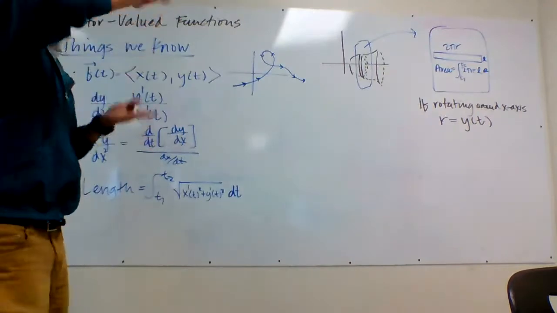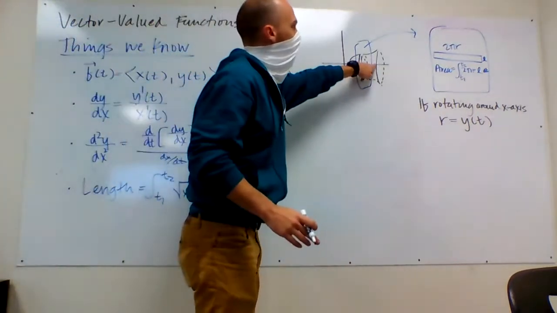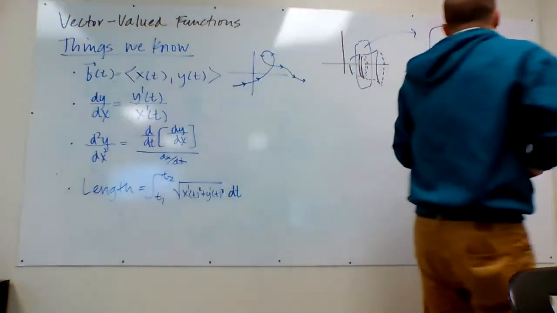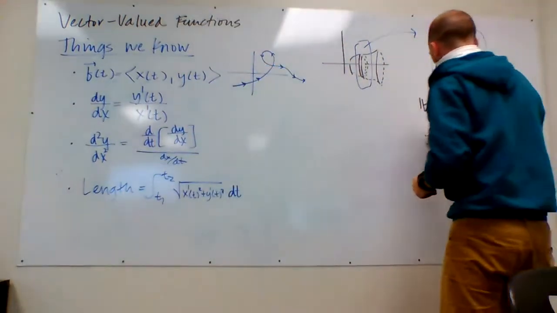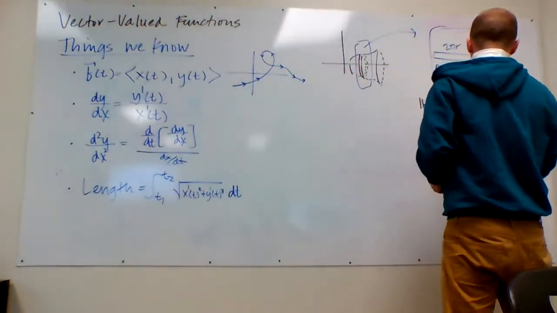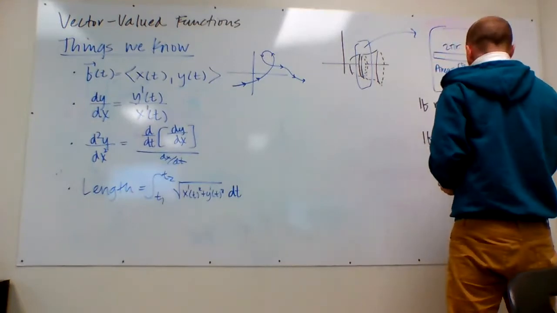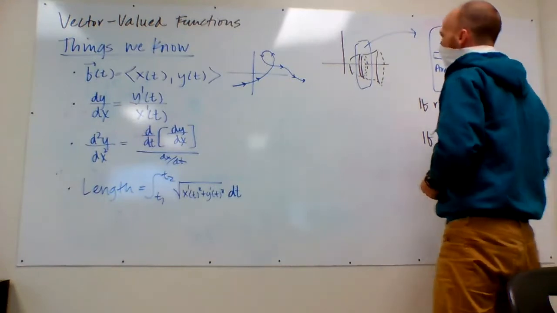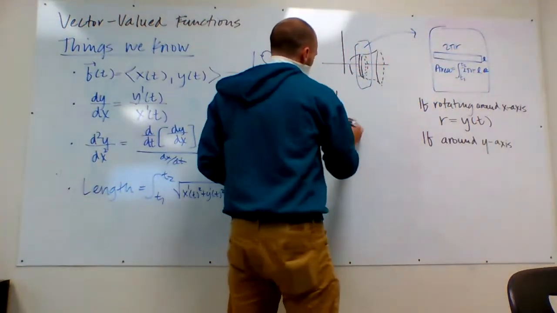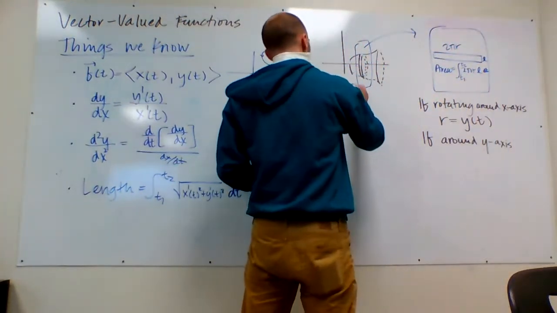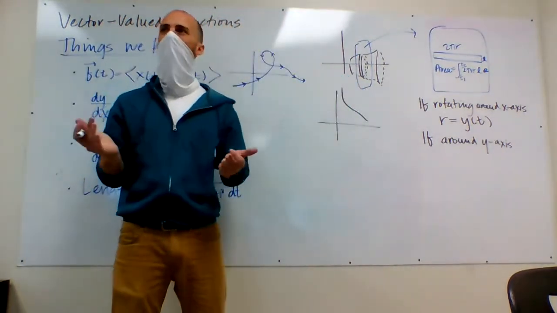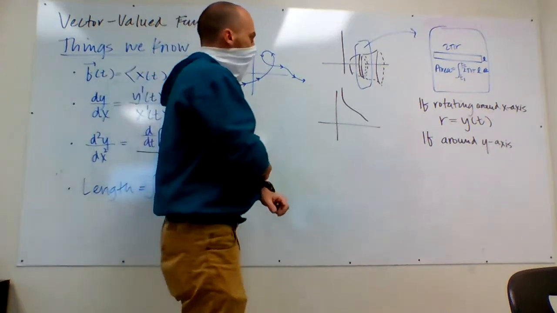Because the radius is just the distance from the x-axis to the graph, which is the y value. And if rotating around the y-axis, I'll just draw you a picture of that. That'll make something closer to a cone, I think. Maybe a volcano.